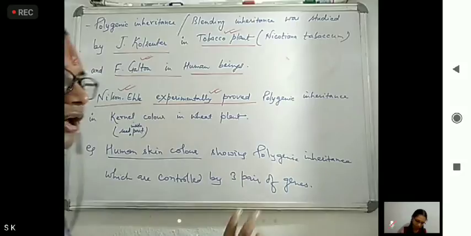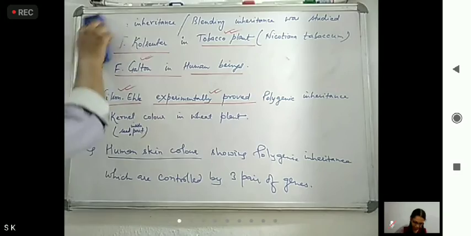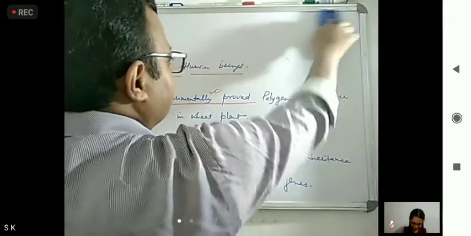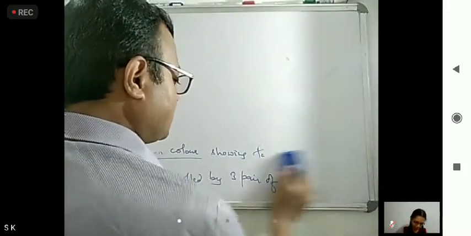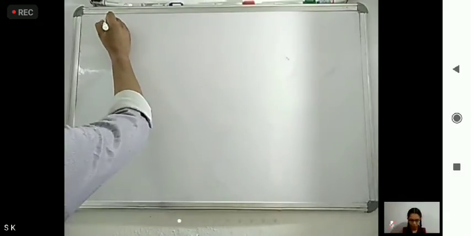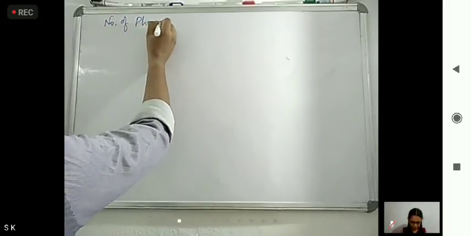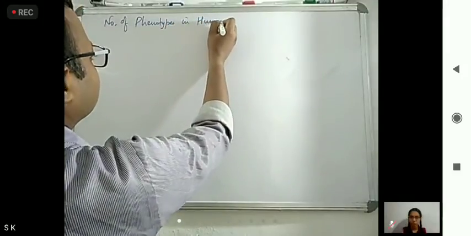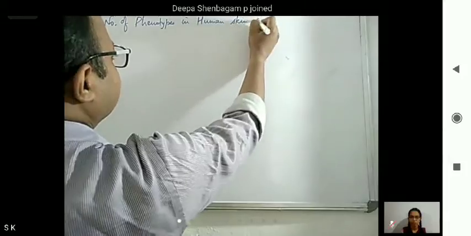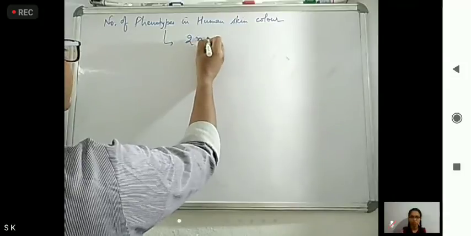Now we have to see the phenotype, the external character we are seeing. So we come to the number of phenotypes, and the formula we already saw: 2n plus 1.